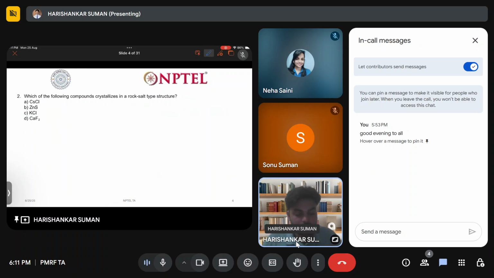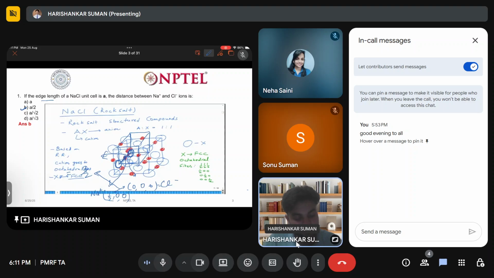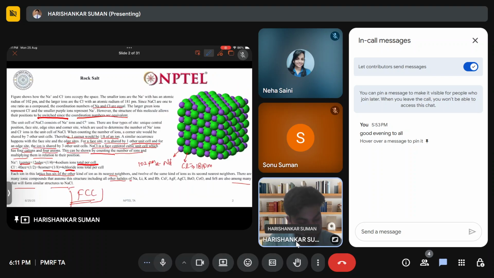Okay, let's see the next question. Which of the following compounds crystallize in a rock salt type structure? CaCl, ZnS, KCl, and CaF2. Rock salt is like NaCl. As we can see, halides of Na, lithium, and K. So halide with K, where X will be chlorine.